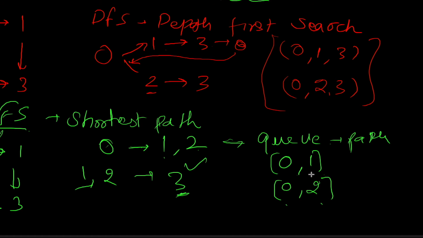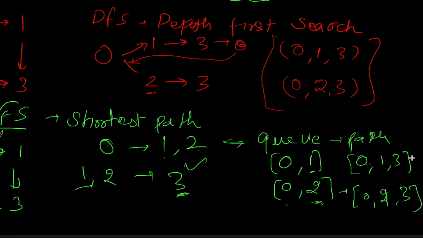Now I would pick the last item in each element from the queue, and then find the neighbors of those elements. In this case, 1 has a neighbor of 3. So the next item in the queue would go like this, and for this, the next item in the queue will be pushed like this.